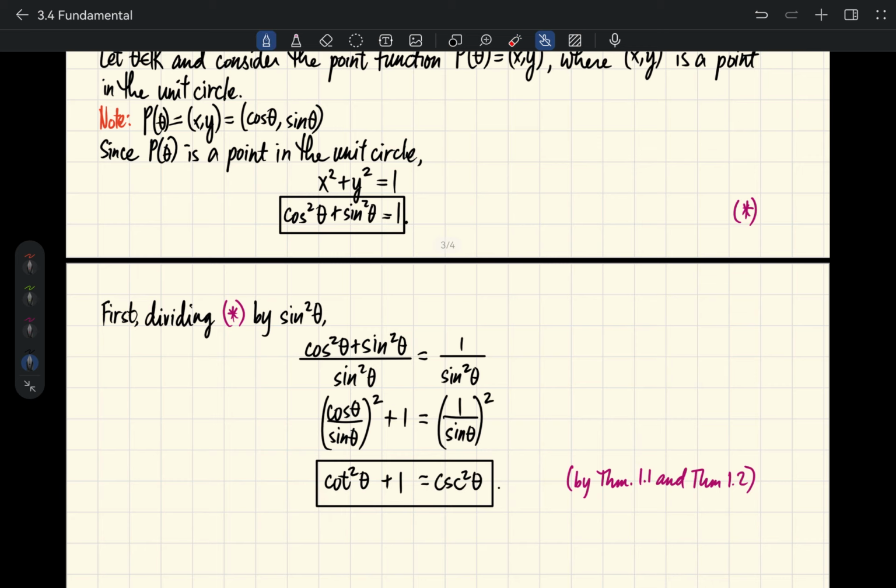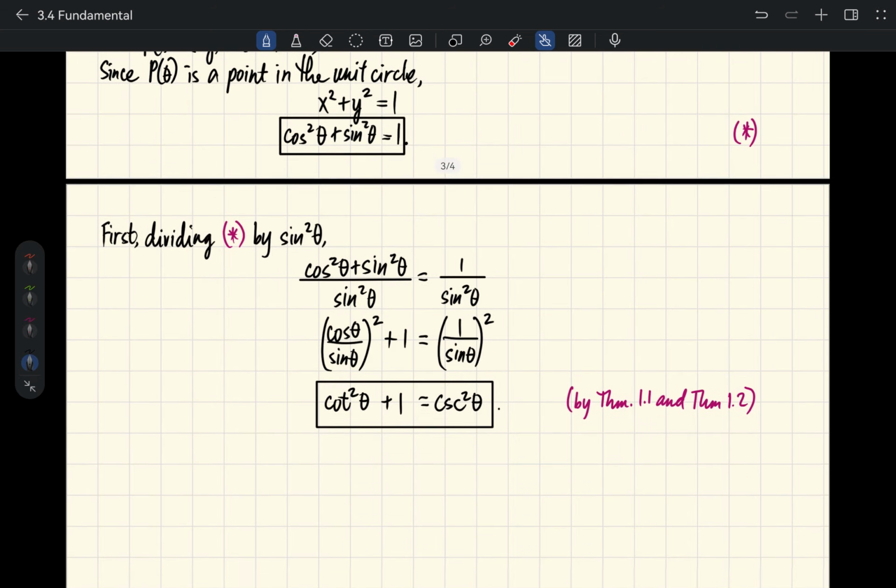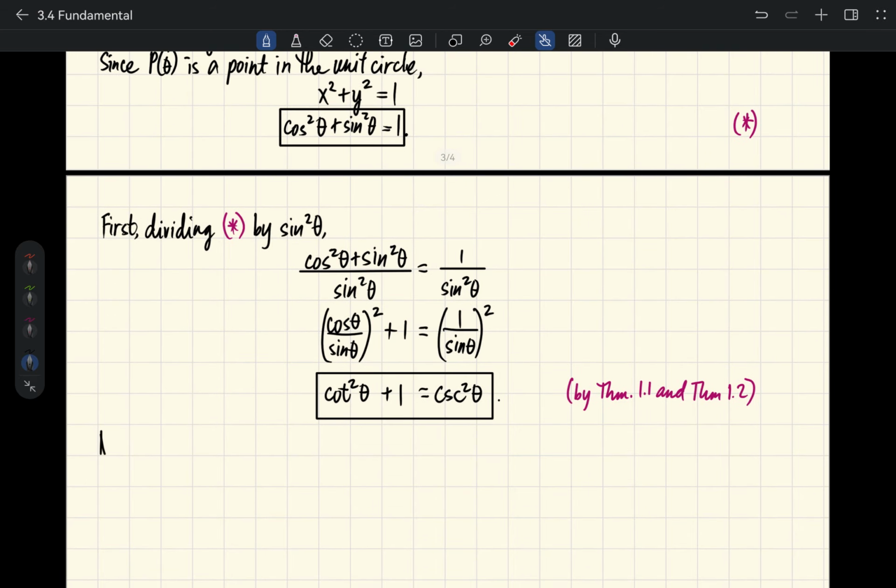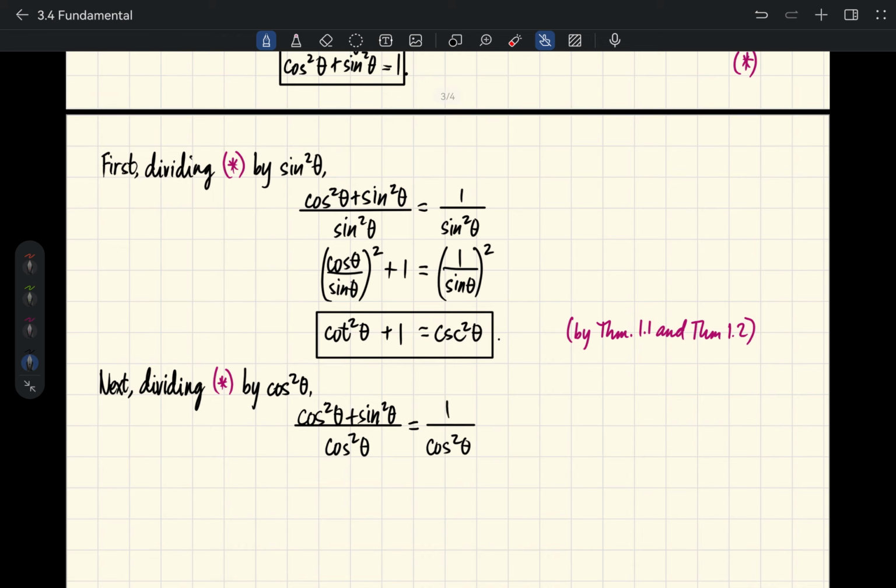The third one comes by dividing star by cosine squared theta. So next, dividing star by cosine squared theta, what do we get? We have cosine squared theta plus sine squared theta all over cosine squared theta equals 1 over cosine squared theta.